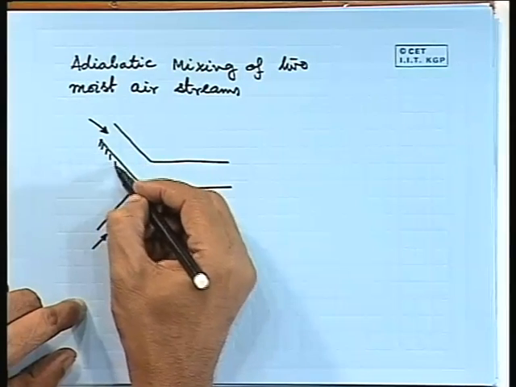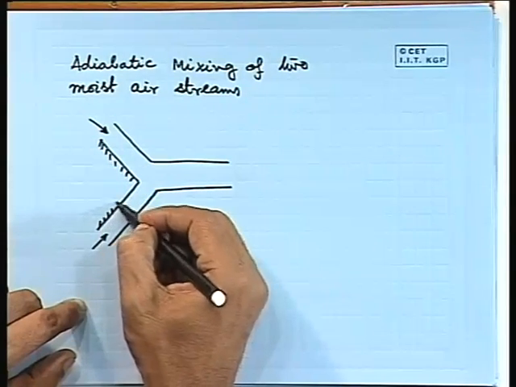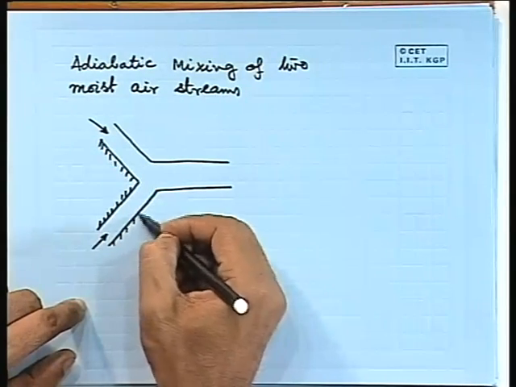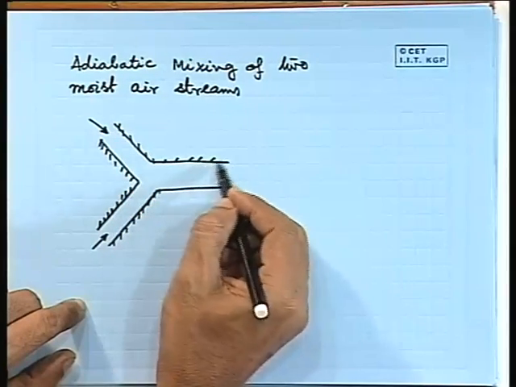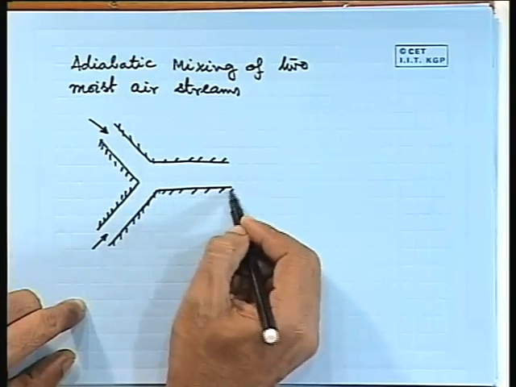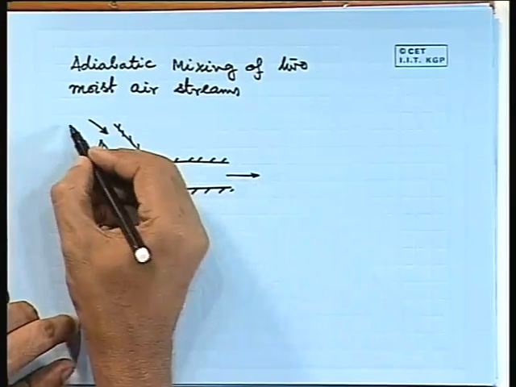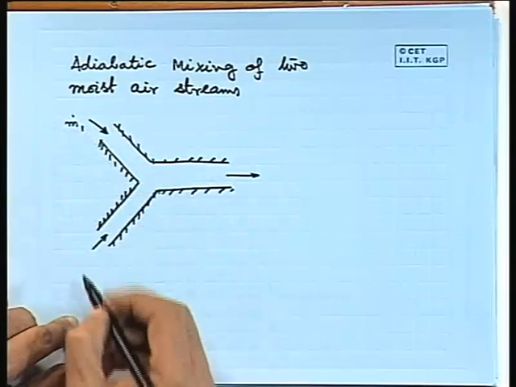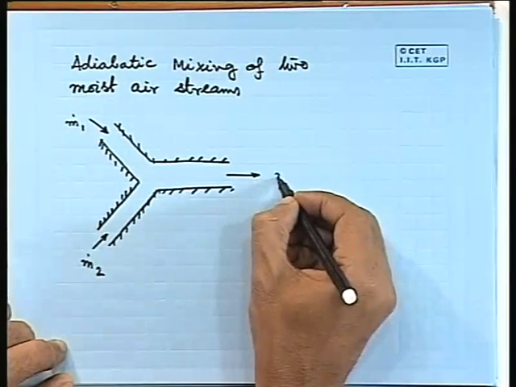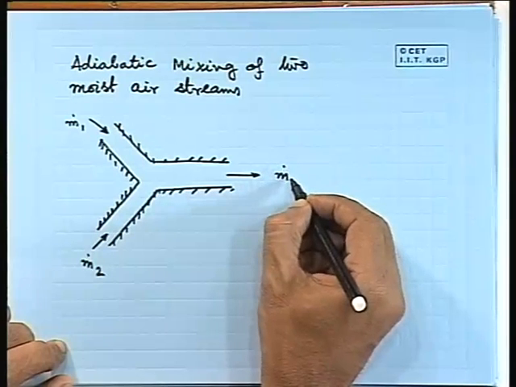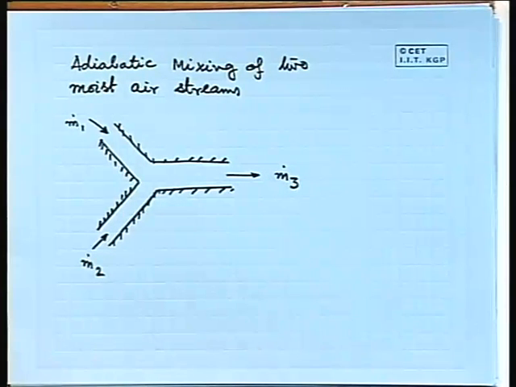So, it is like this. Let us say I have shown some sort of ducting which has two inlets and one outlet. This is m dot 1 mass flow rate, m dot 2 mass flow rate, and this is m dot 3.